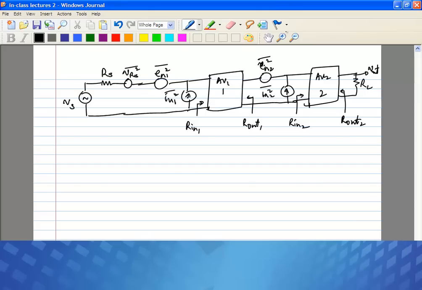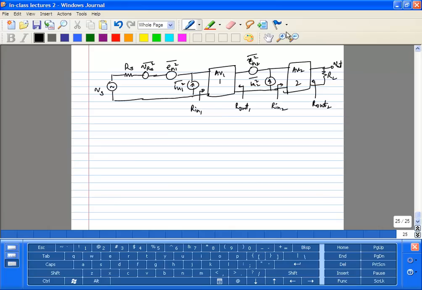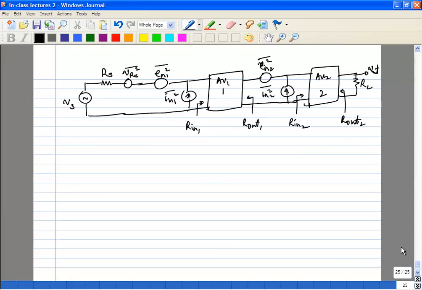Okay, so first let's look at the noise at the input of the first stage. We'll calculate the noise at each one of these points and see what happens.